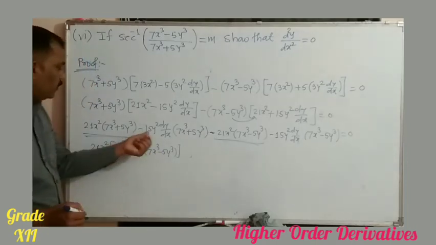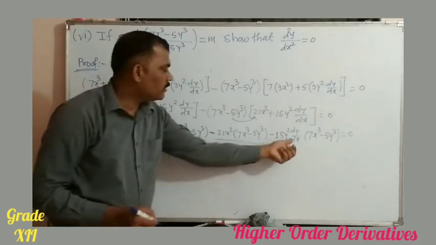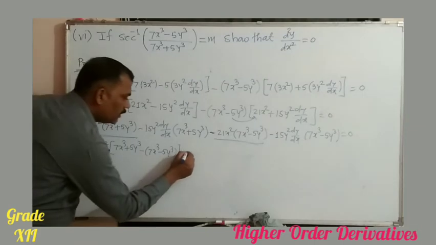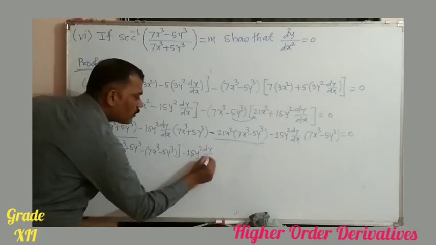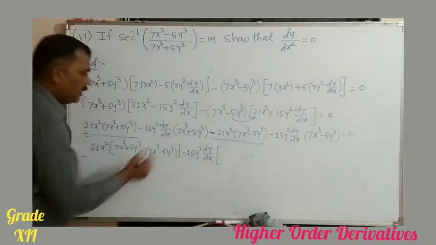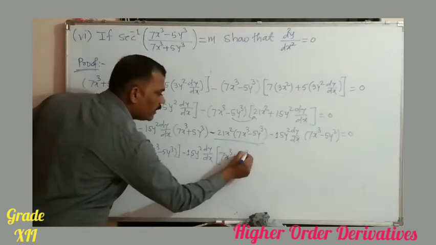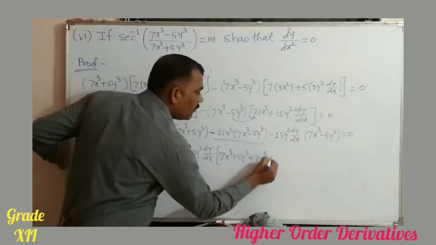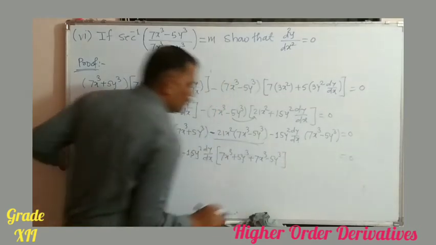Now here we take 15y² dy/dx common. If we take the minus 15y² dy/dx as common, inside the remaining is this bracket as it is (7x³ + 5y³), this bracket as it is, plus (7x³ − 5y³), is equal to 0.